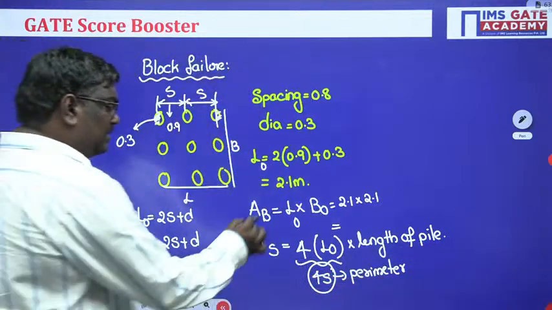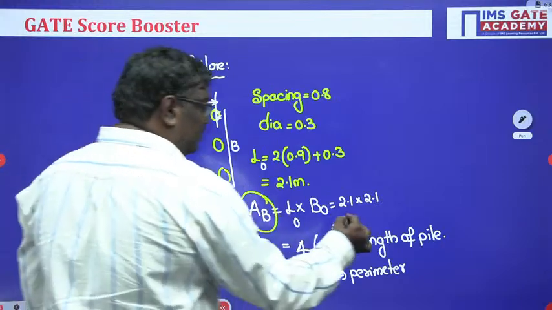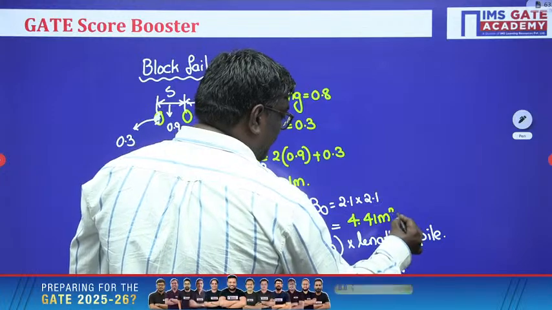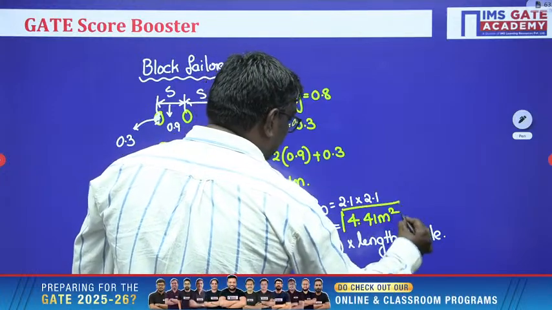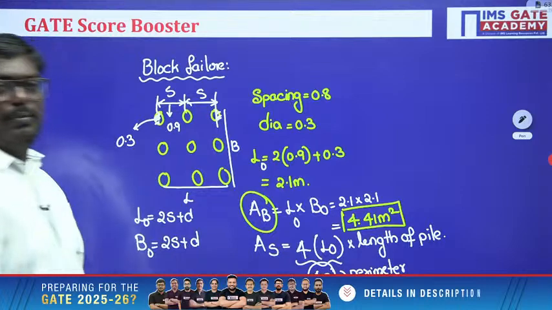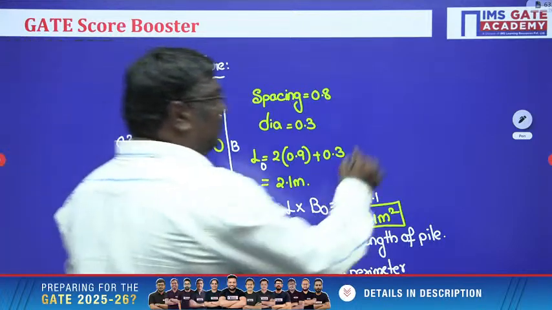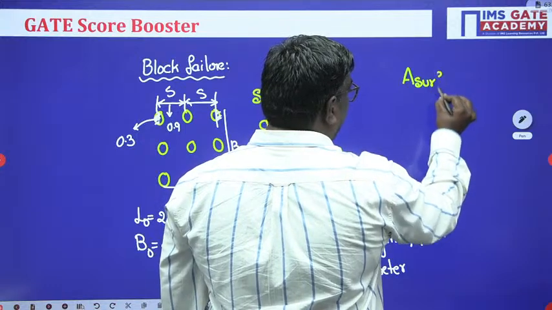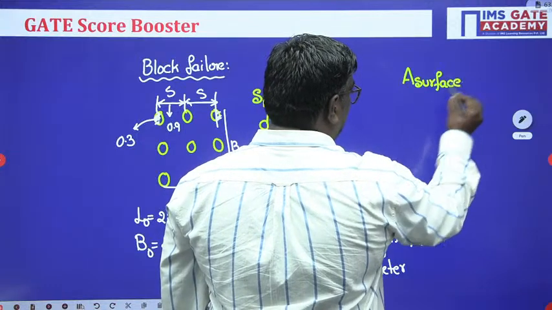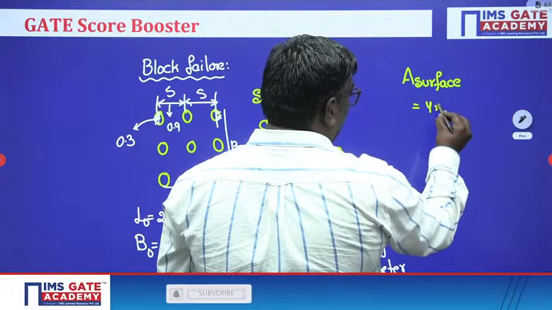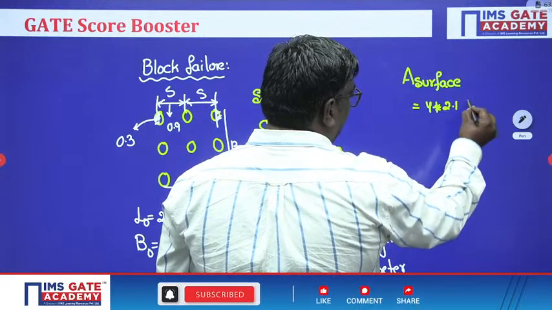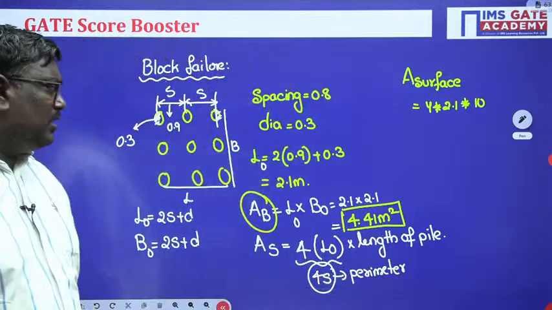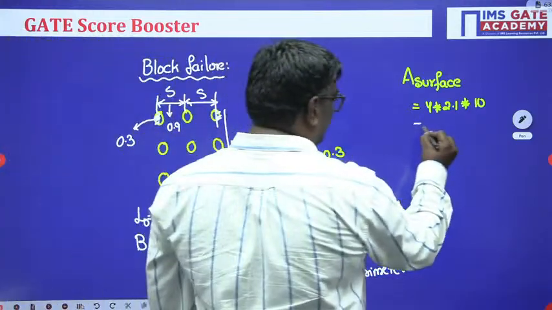Area of the base is equal to how much? This is 4.41 meter square. Similarly, what is surface area, sir? This one is equal to 4 into 2.1 into length, which is 10. So here you can say it is around 84 meter square.